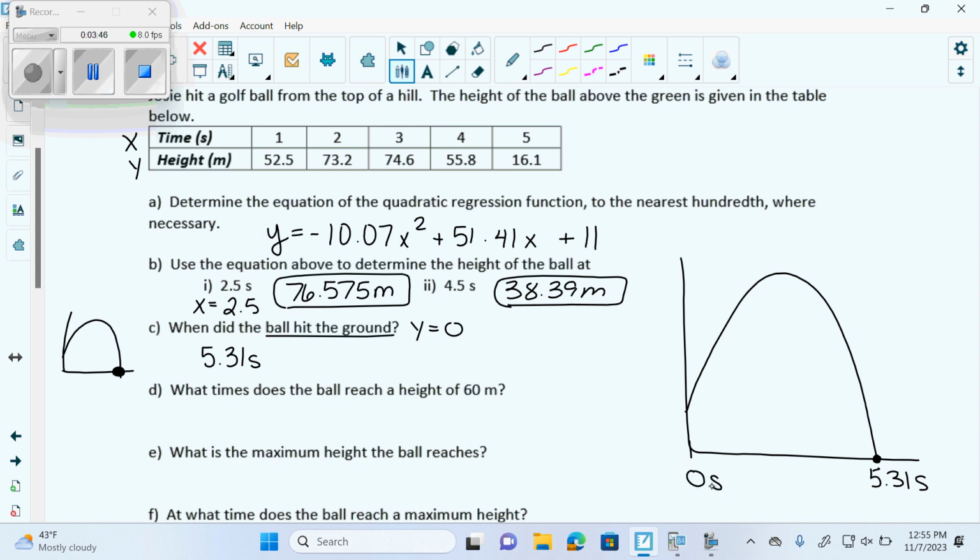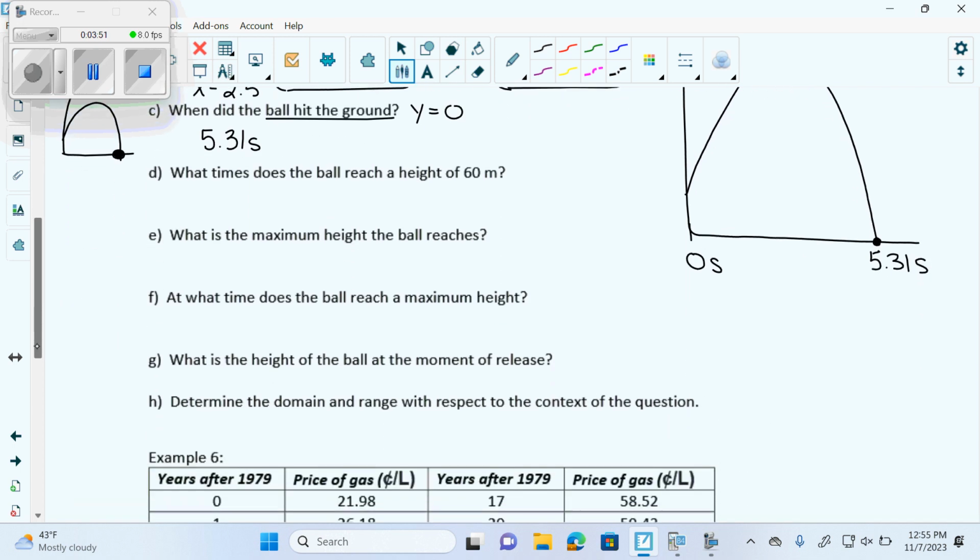We agree? So if I have those two things, I can immediately come down here and do my domain. So I'd say x such that, well, my domain starts at 0, because that's the time. And then I do low to high, and this is 5.31.